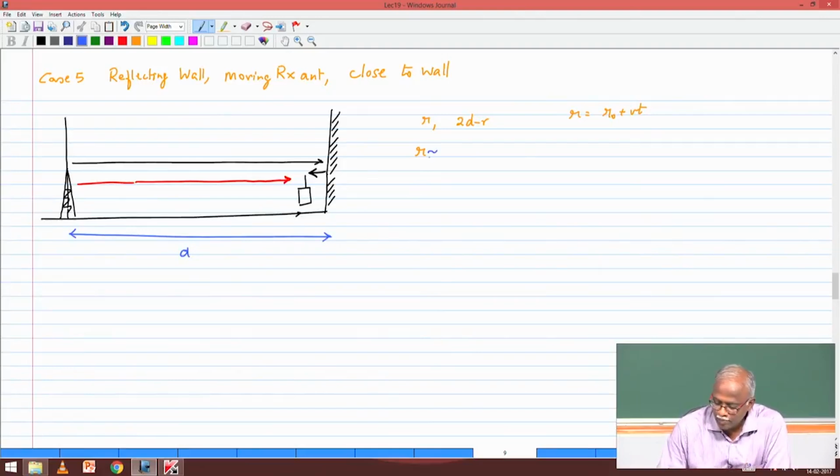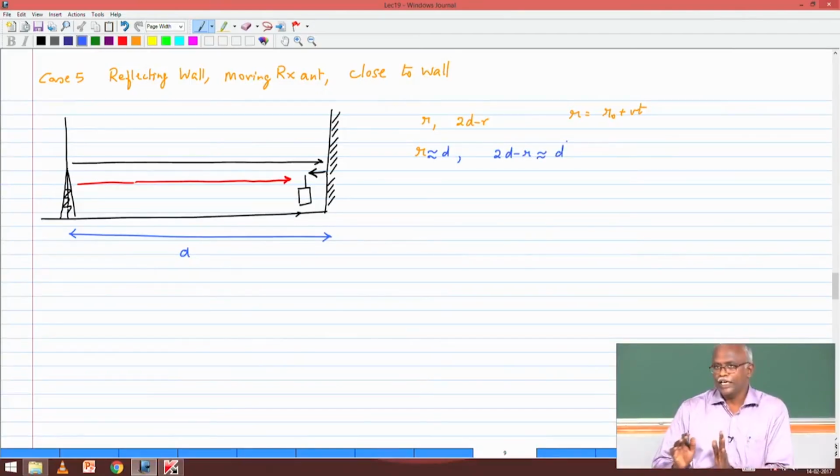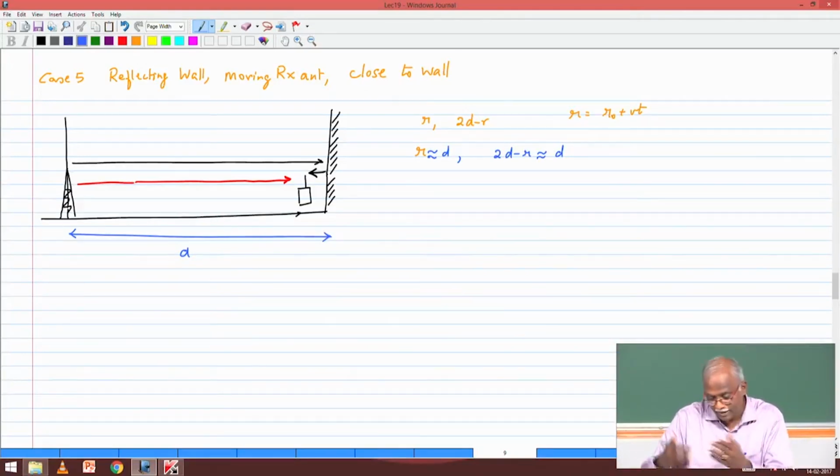So r is approximately d, which tells me that 2d minus r is also approximately equal to d. So which means that two components are going to be very similar in terms of their scaling, because alpha by r and the other one was alpha by 2d minus r.